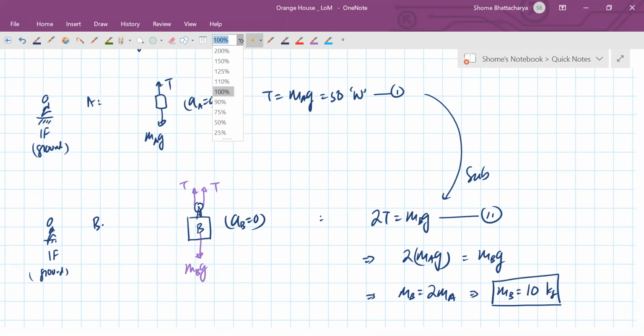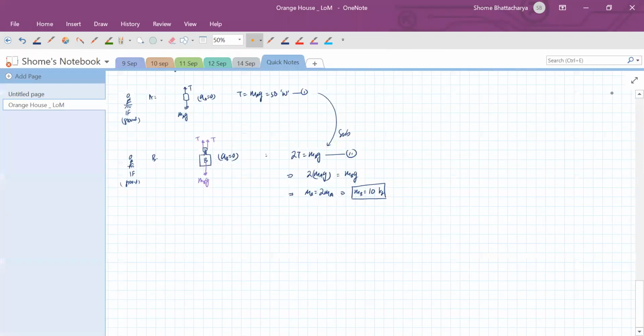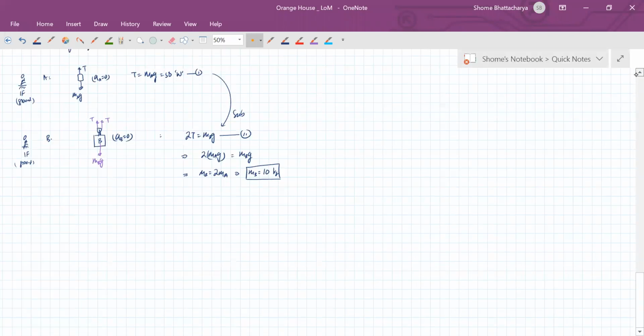Okay, so first of all, those of you who have not worked out the first part, note this down. Then I'm coming to the second part solution.